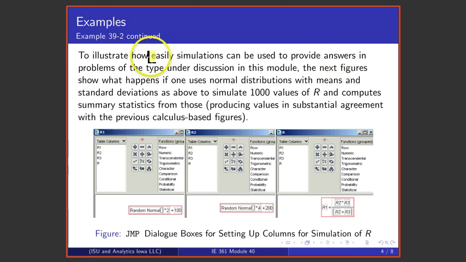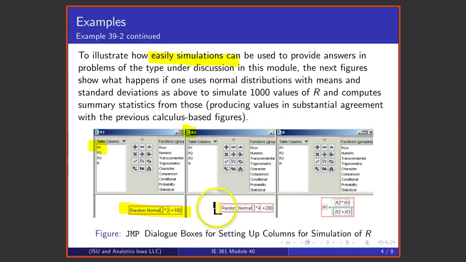To see how easy it is to do simulations to get the results without having to do calculus, these panels show the use of JMP to make values for R1 and make values for R2.